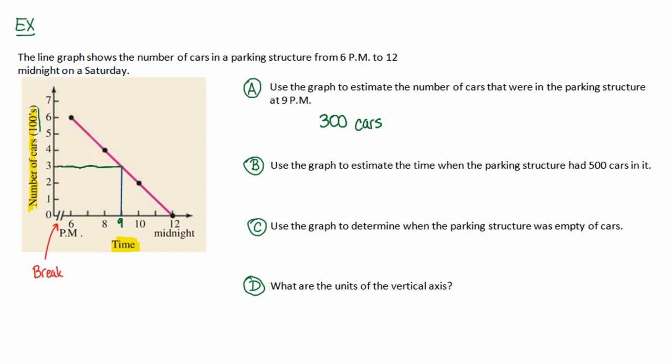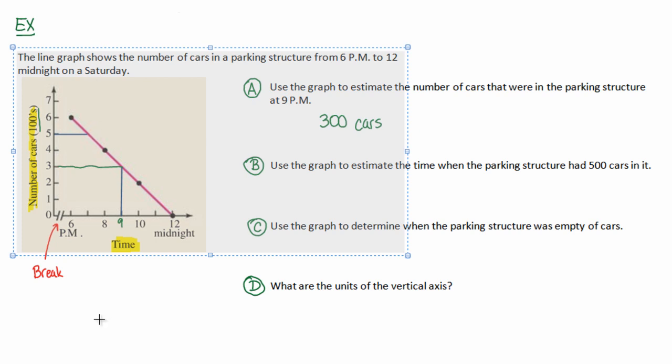Part B is asking us to estimate the time when the parking structure had 500 cars in it. So instead of being given the time and having to estimate the number of cars, we're being given the number of cars, and we have to estimate the time when that occurs. So 500 cars occurs right here. I'll go ahead and draw a horizontal line over. That looks pretty horizontal enough to me. And then we'll see what time that corresponds to.